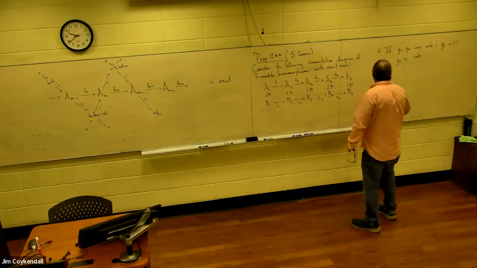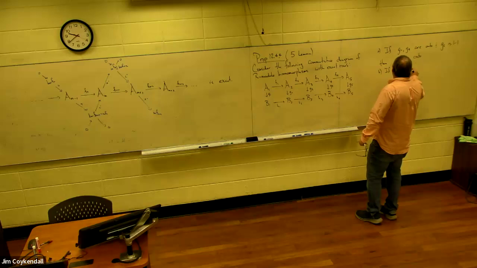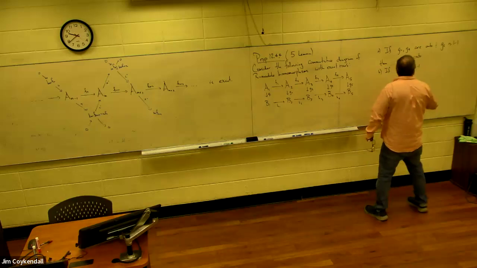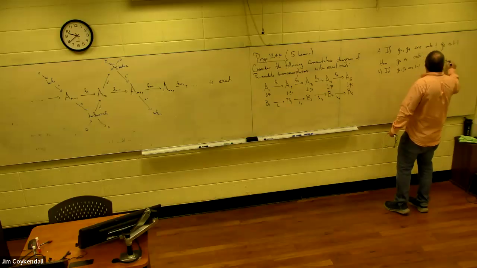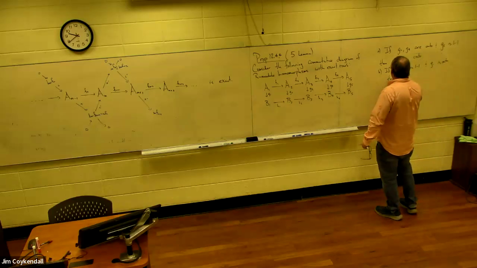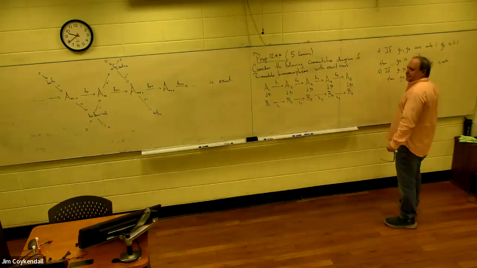There's a dual result. If G2 and G4 are 1 to 1 and G1 is onto, then G3 is 1 to 1.